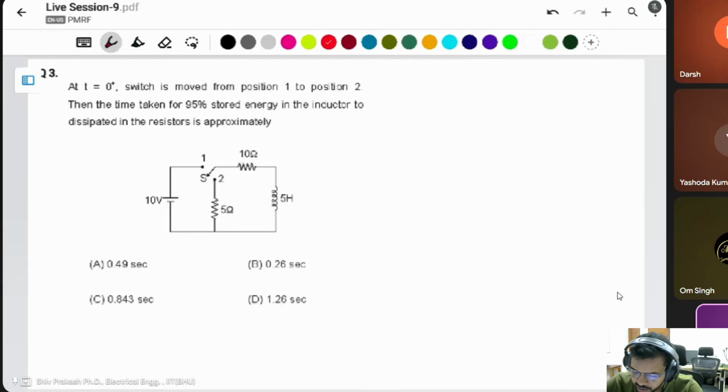In an electrical circuit, the transient effect occurs due to two elements, inductor and capacitor, because these two are energy storing elements.